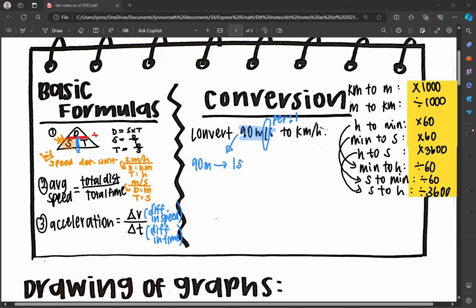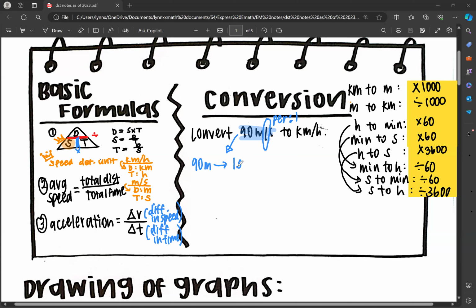Per means 1. So that's the first step. Literally, what you see in the question, you change it to math.